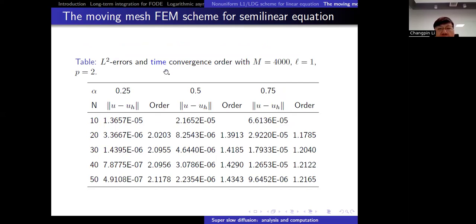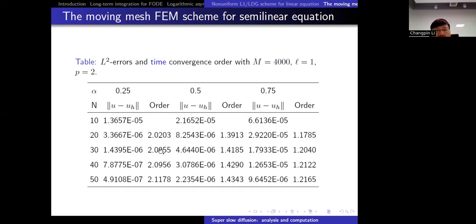And the time convergence order in time. This is a linear element and the power of u, where u is positive. We get 2. The convergence order should be 2 minus alpha, but for small alpha it's almost 2.